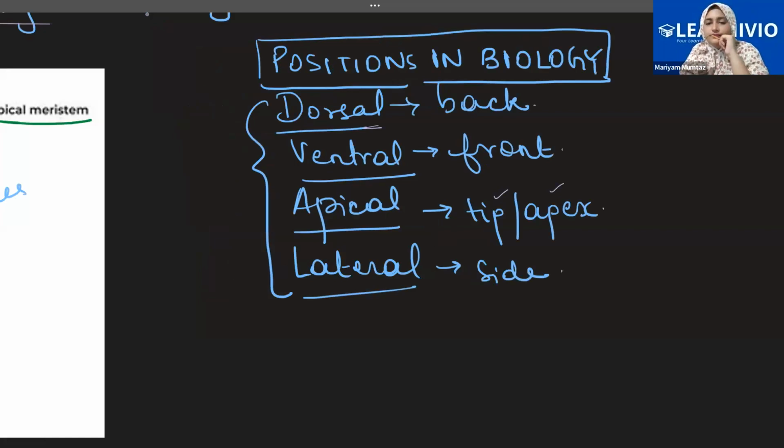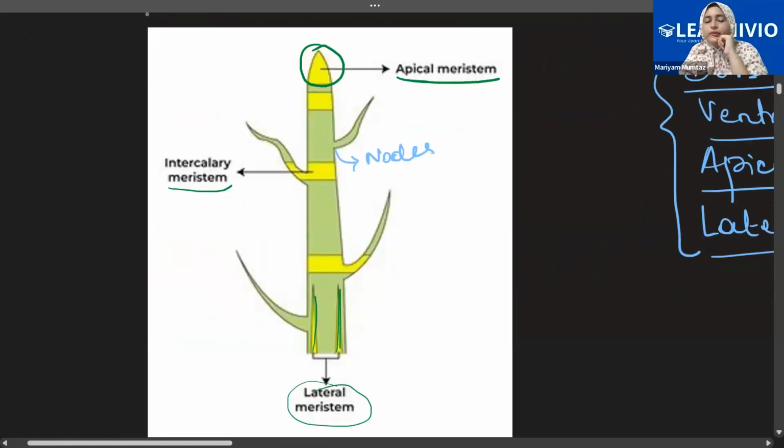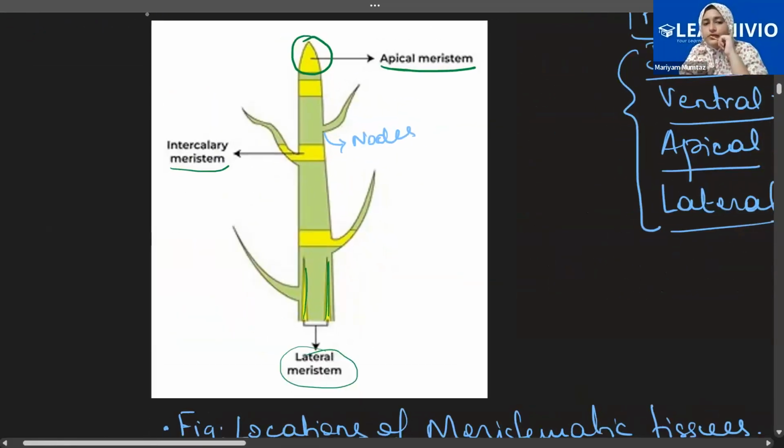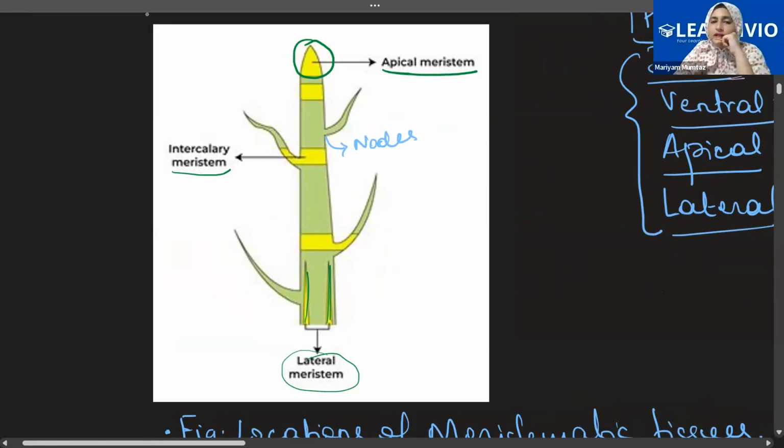See, this is how we represent the meristematic tissue. The apical meristem, just like the name suggests, apical means tip, so the tissue present at the tip portion is known as the apical meristem. Then the tissue that is present in between two nodes, I'll tell you what nodes are, is the intercalary meristem.